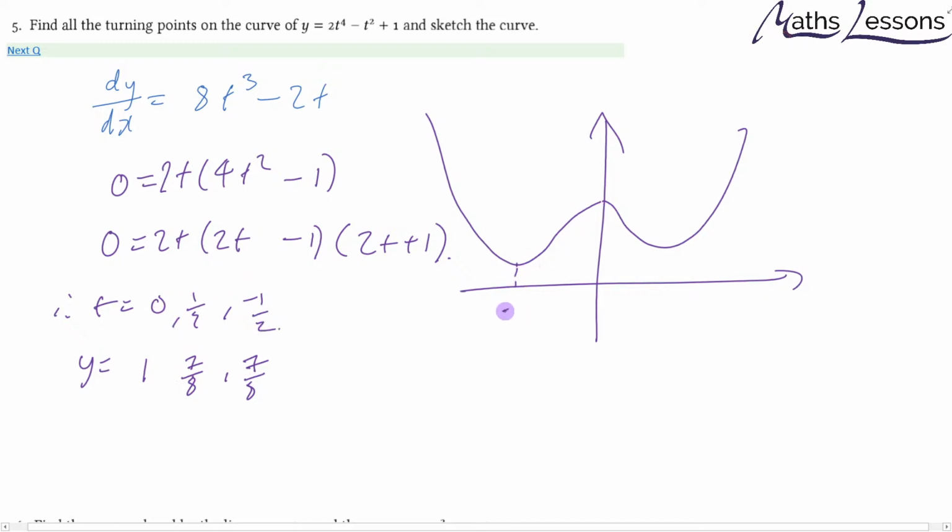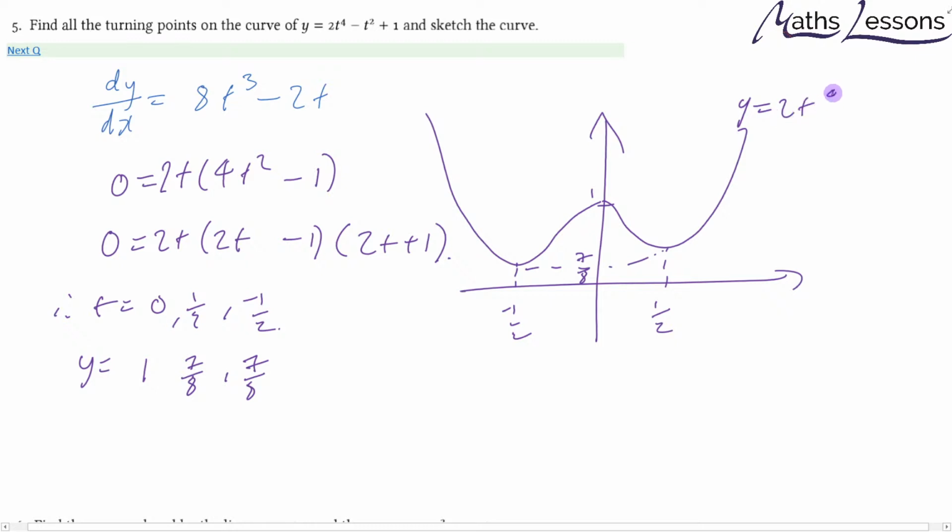We had a turning point at minus a half, and a turning point at plus a half. The y value at 0 is 1, and the y values at the others should be level, I haven't drawn that very well, should be 7/8. And that is our answer.